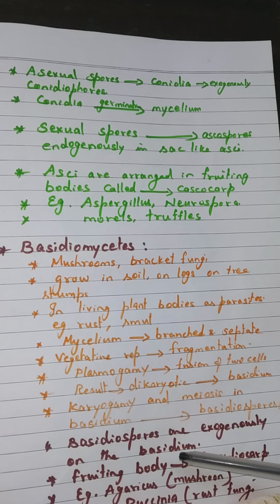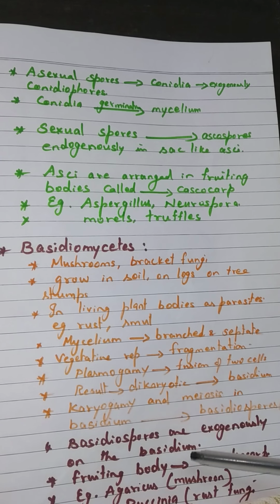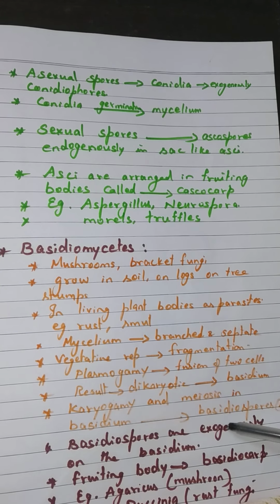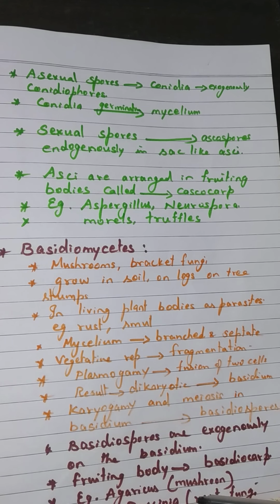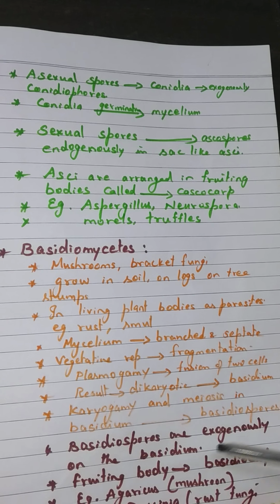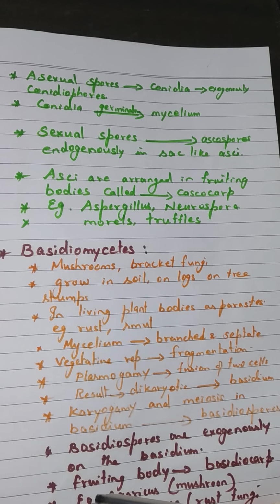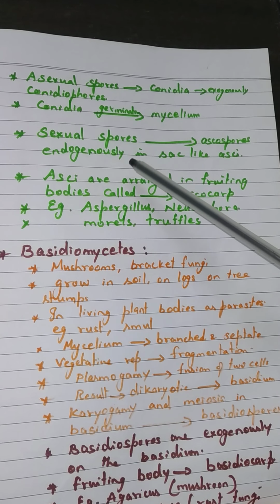Karyogamy and meiosis take place in the basidium, and it produces 4 basidiospores. These basidiospores are exogenously produced on the basidium. The fruiting body is basidiocarp.